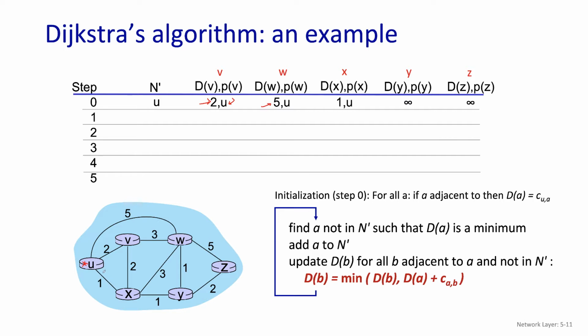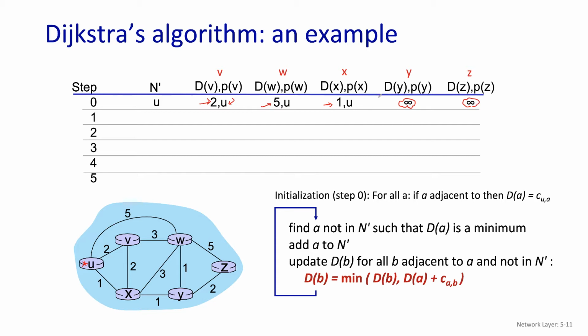And we can access X through U, with the cost of 1. So at this point, do we have access to Y or Z? Since we don't have a direct link to Y and Z, we are saying it's infinity, right? So now this is the first step for you to understand the whole topology, right?